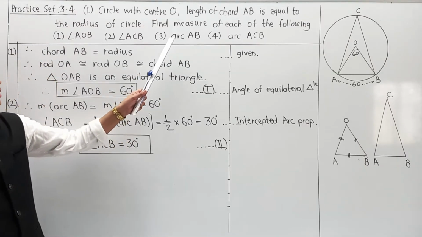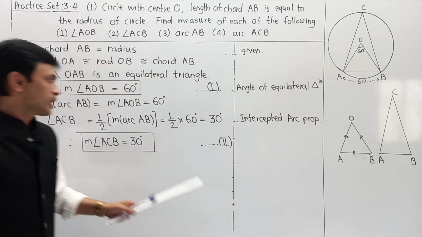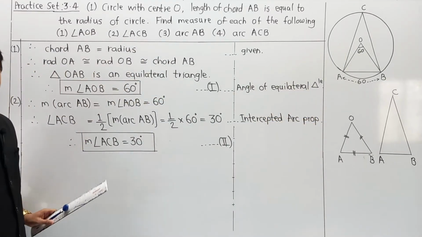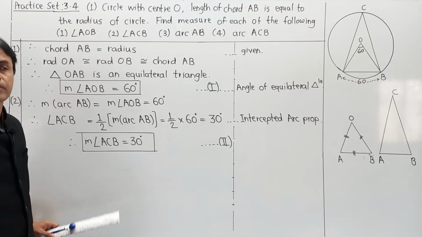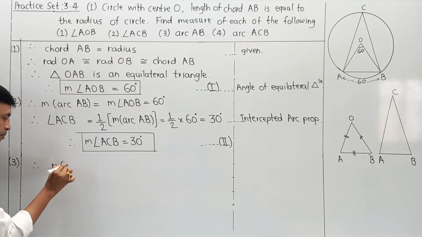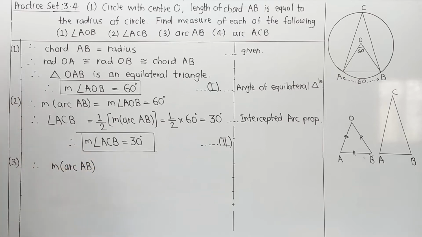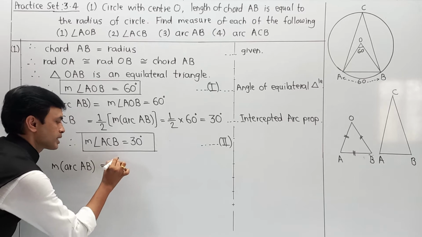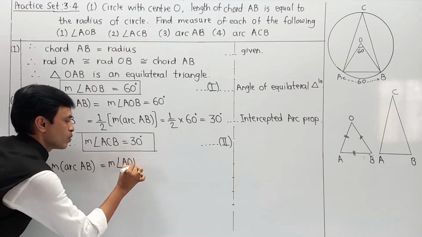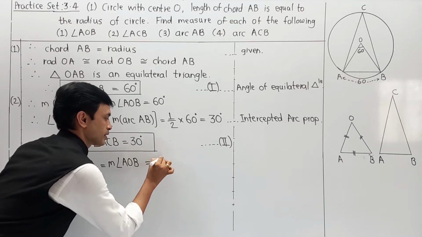Now we also have to calculate arc AB. Fortunately we have already calculated it in this step, but as a part of the answer, I am going to write it once again. So the third part: measure of arc AB is nothing but measure of angle AOB, and that is 60 degrees.